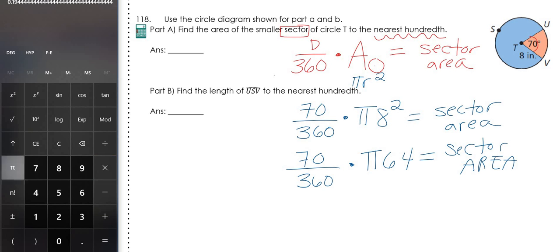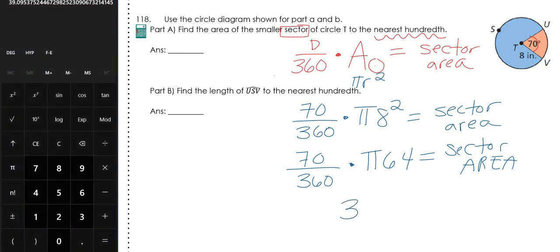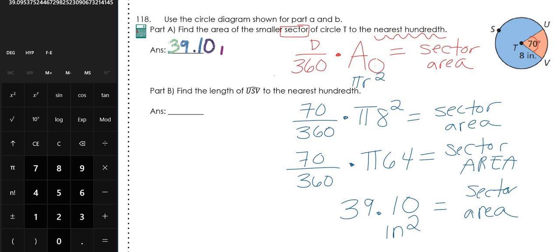Times pi times 64 equals. Okay, so our final answer is 39.10 inches squared, because it's area, sector area. Okay, let's fill this in. Our answer is 39.10 inches squared.